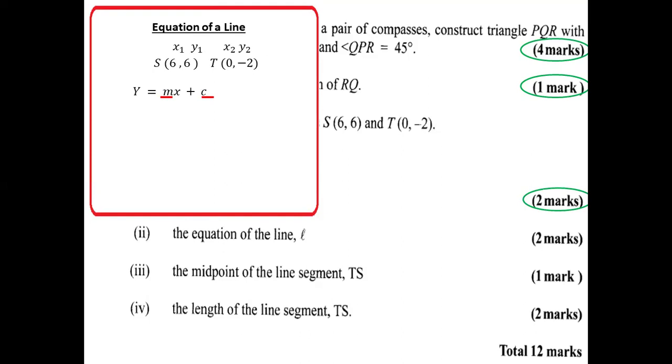At every single point, there's an x coordinate and a y coordinate. They'll be different based on where you are on the line. But the gradient and the c value will remain the same at all times for that specific line. So the moment we have the gradient and c, then we have the equation of the line. We have already found the gradient. The gradient is 8/6. So what happened is we don't know what c is.